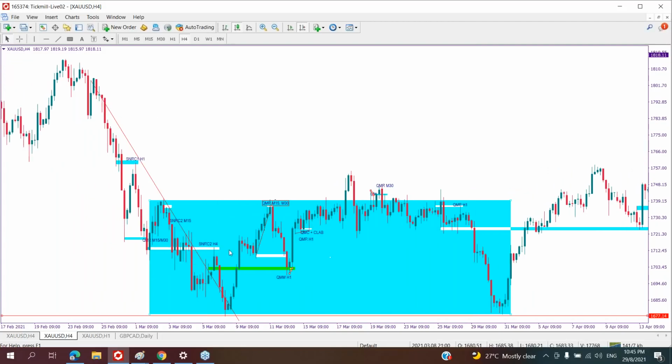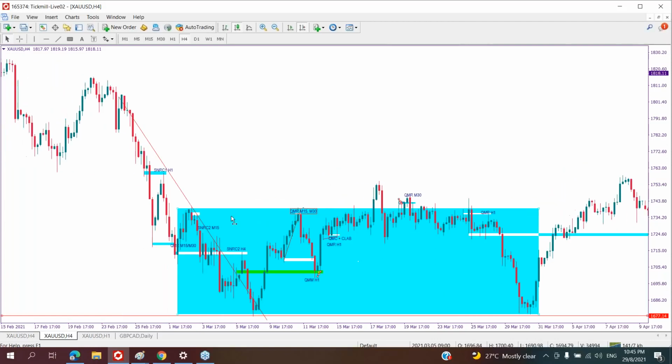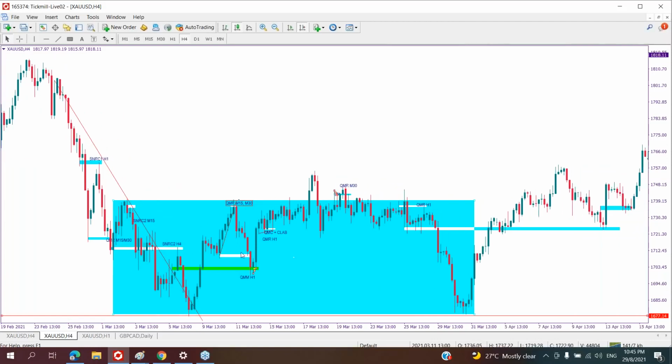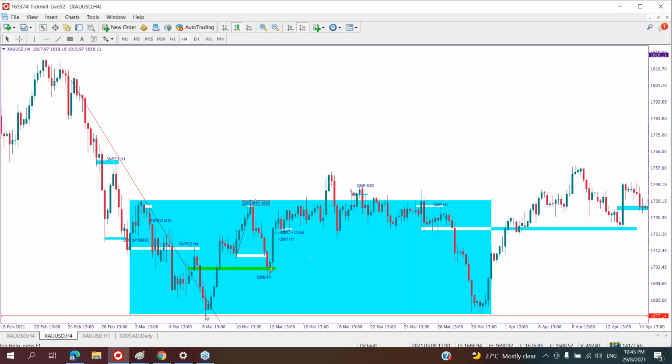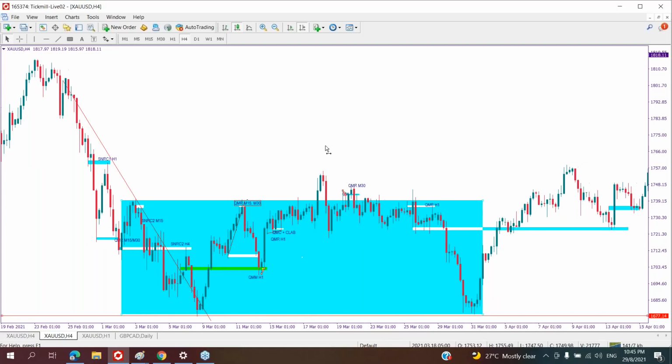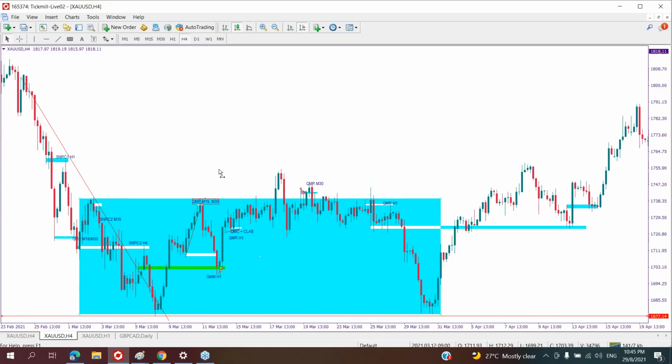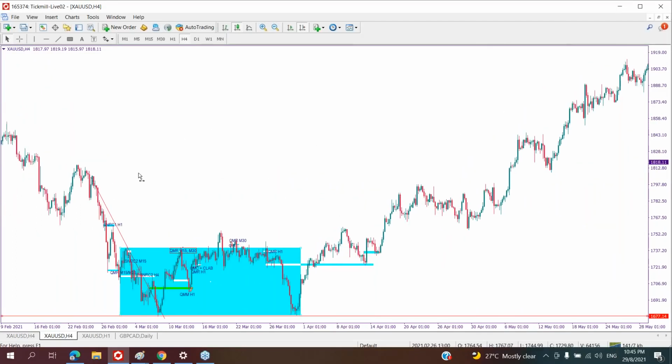And then suddenly price, you see, makes a little bit of setups, and then price keeps on playing on this. Price didn't break the previous low. So this is how I determine the sideways.